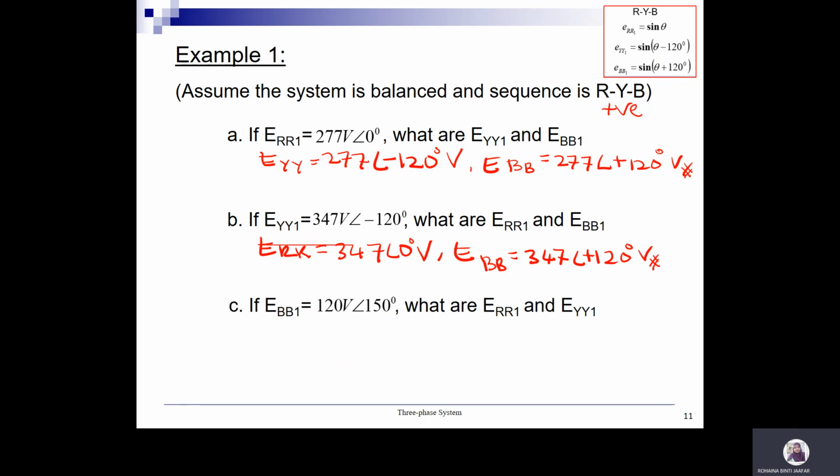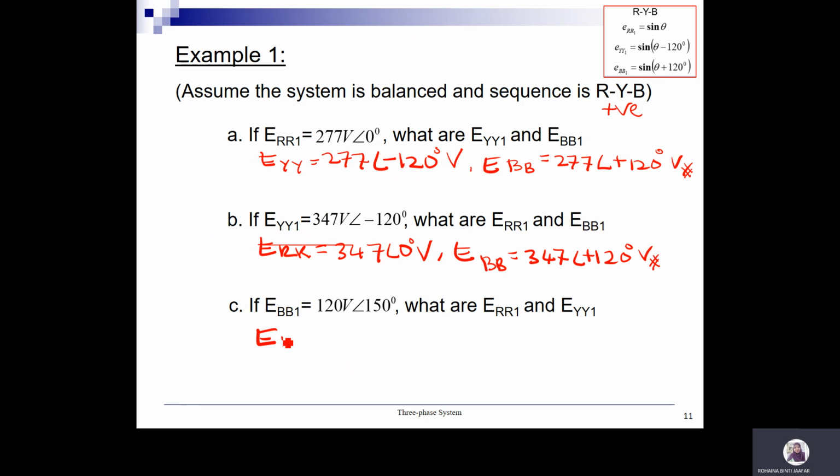Okay, next the question gives you the value of voltage for the blue phase. So how to get the value of ERR? The relationship between red and blue is plus 120. But if you want to get the value of ERR, you have to inverse.